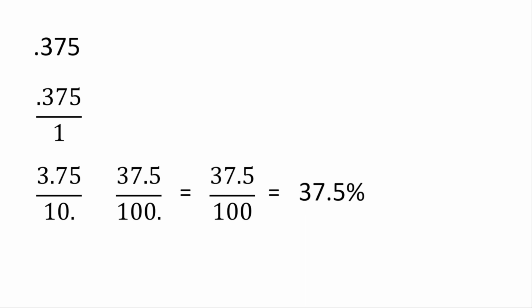So what we learn here is that 0.375 is equal to 37.5%. Well, this is how it works, but if we just simply go up to the decimal fraction and move the decimal 2 places to the right, we get the percentage, 37.5%.